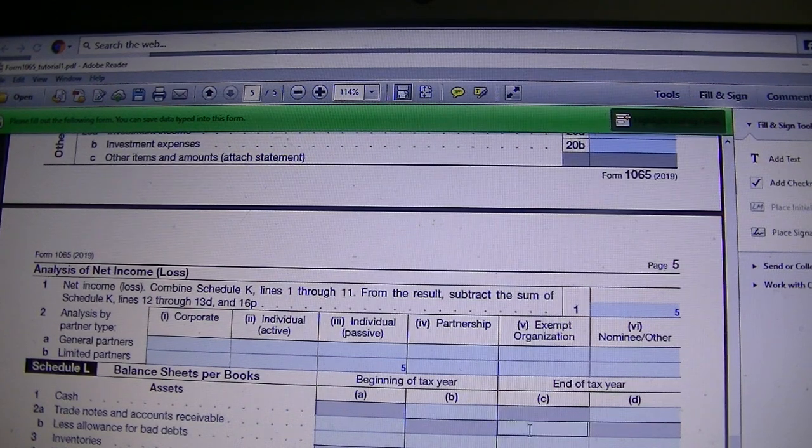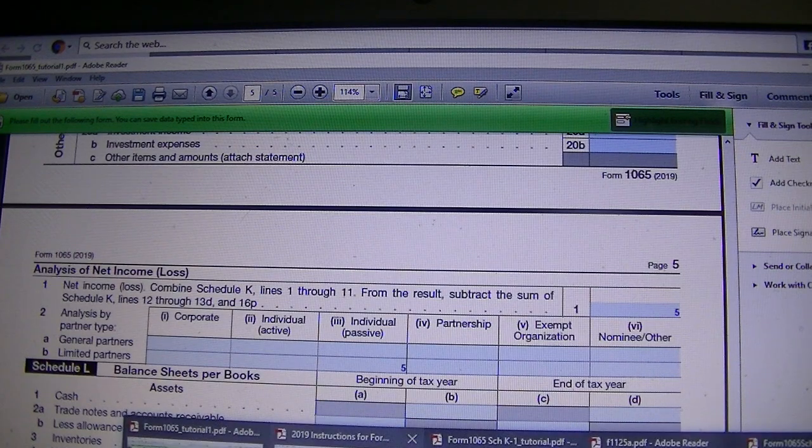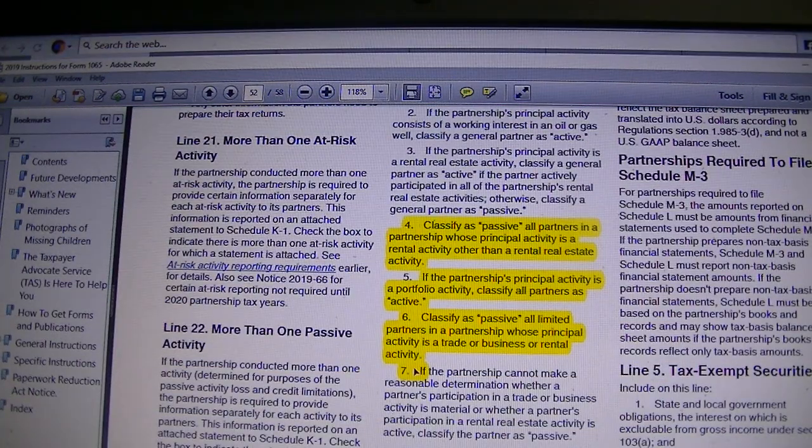So that's where it will go. And if it was a portfolio, what did they say again about the portfolio? If the partnership's principal activity is a portfolio activity, classify all partners as active.